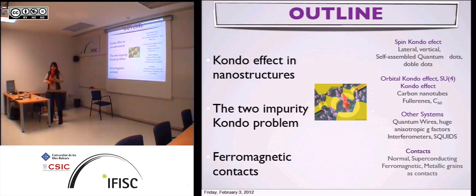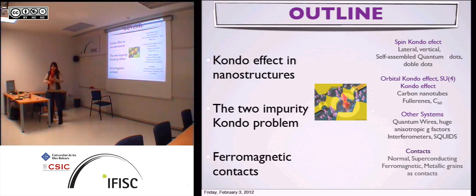So what you can do is gate this level, you can put this level down here, okay? And then the next electron can enter the dot, at the energy that is given by the energy of this level plus U, okay? And then they can be transported. They can just go out, okay?